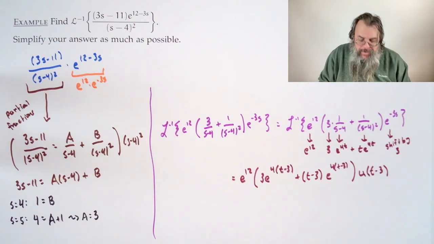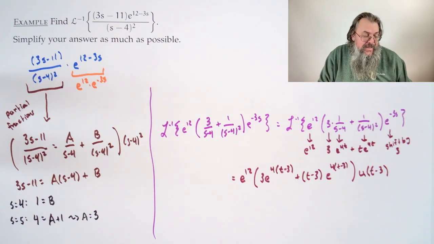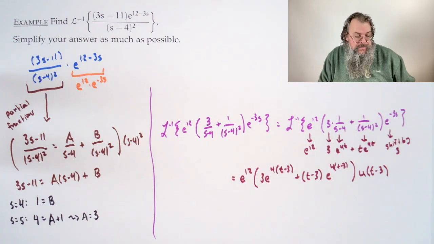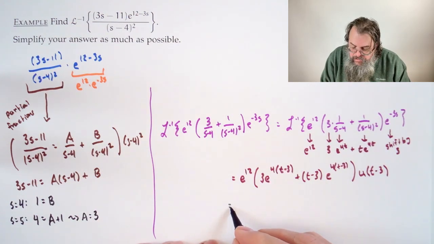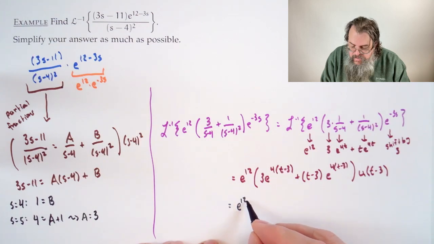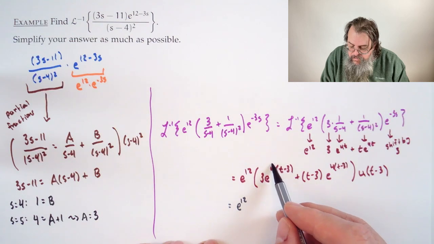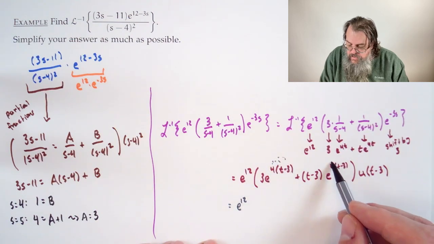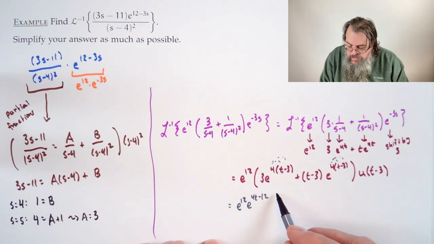We would be done if it wasn't for this sentence, simplify as much as possible. Okay, well, so we should simplify. Some things we can do, well, we can pull out common terms here. So we have our e to the 12 in front, and this exponential is also common, and notice we can distribute. So that's e to the 4t minus 12. We'll come back and work with those.